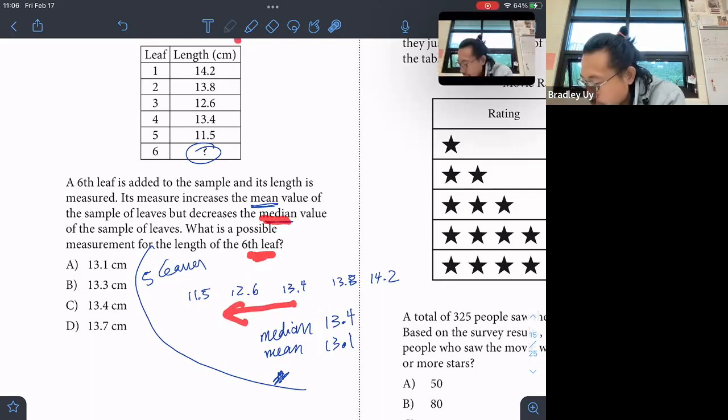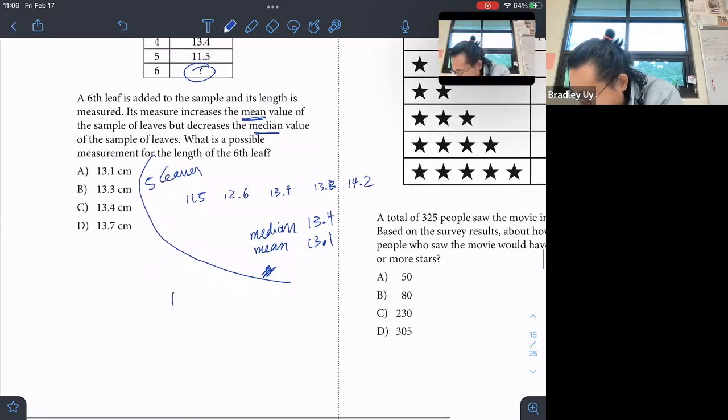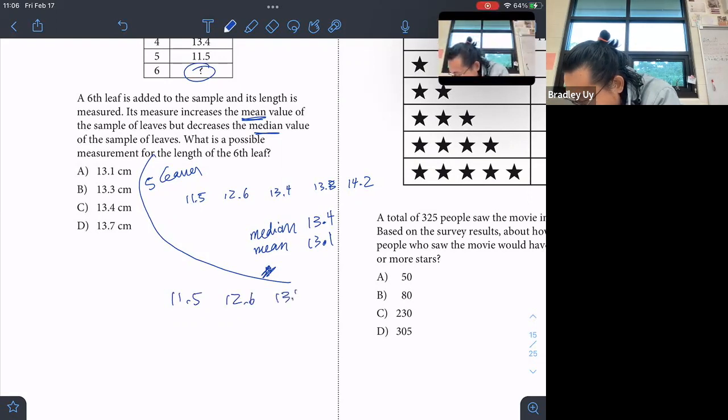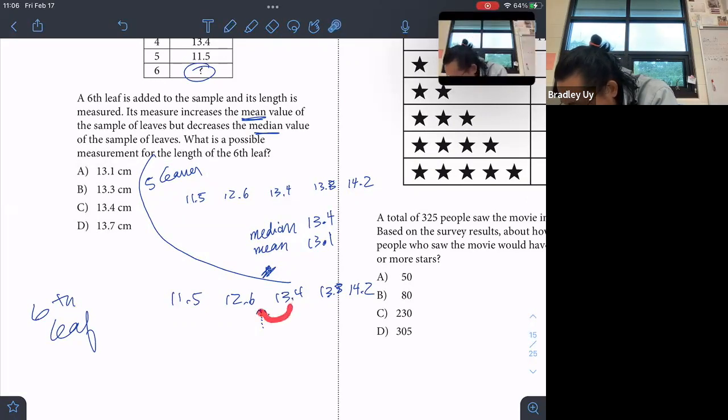When we reintroduce a new number, if we decrease the median, that means the middle number will be lower once we introduce our sixth leaf. Meaning if we placed it here in order, we would then find the average between these two and it would be lower.